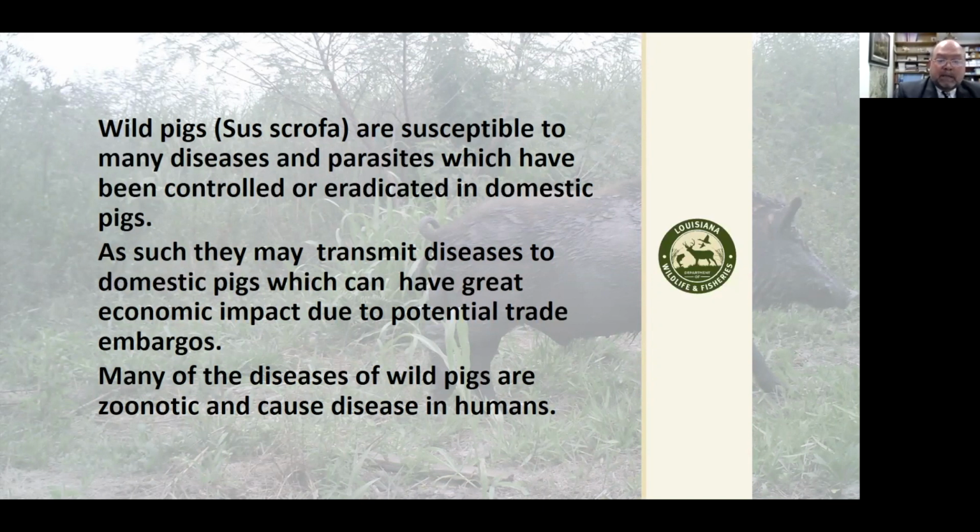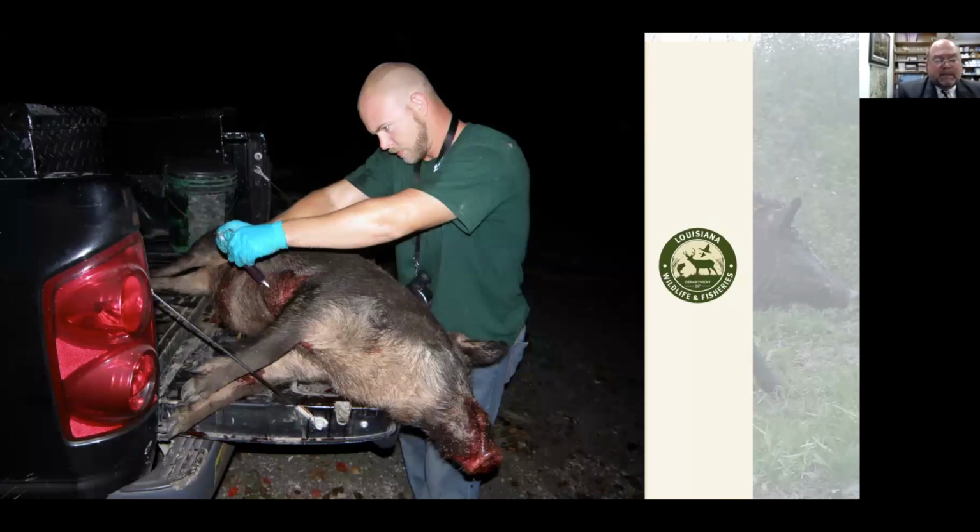Pigs have tissue types that are very, very similar to humans. In fact, that's why they use pig parts for heart valves and aortas and veins and different things. So we are pretty similar, and that maybe makes us a little more prone to getting some of their diseases. So we do surveillance for these diseases to see what's out there on the landscape.